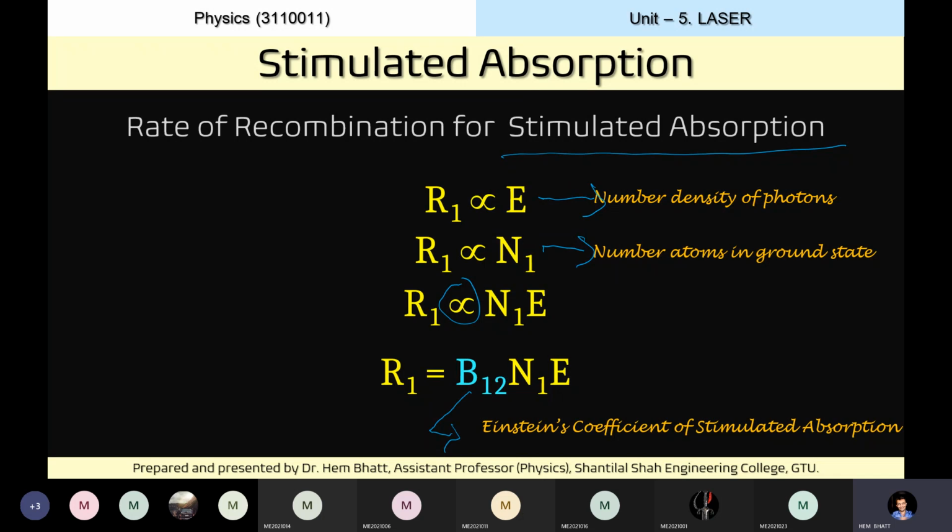I want you to note this down in your book. Write these equations in your book, then we go ahead.